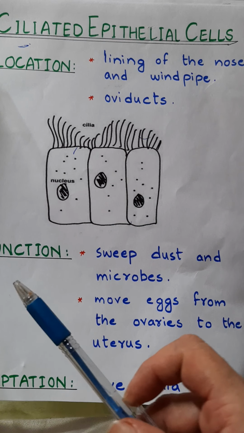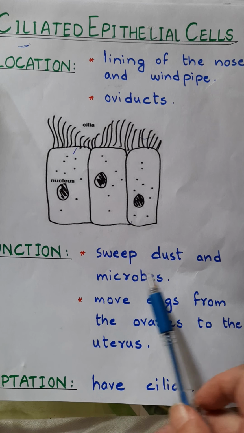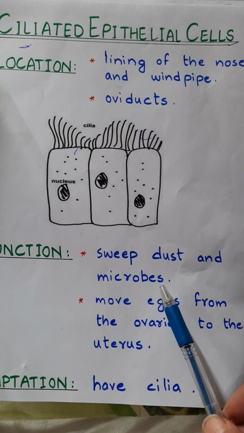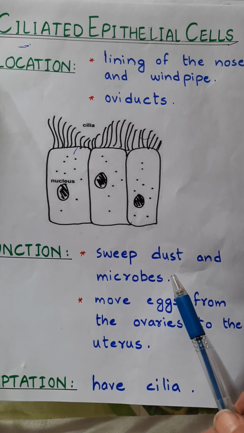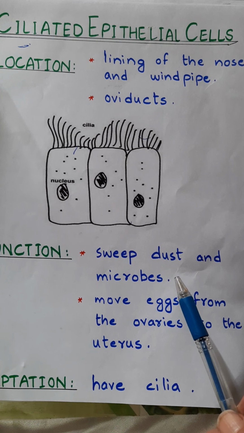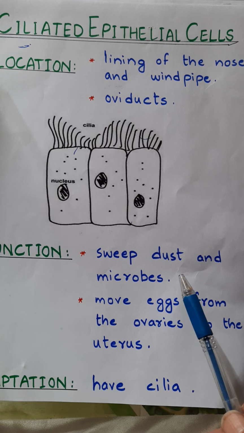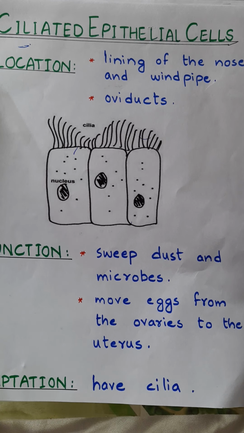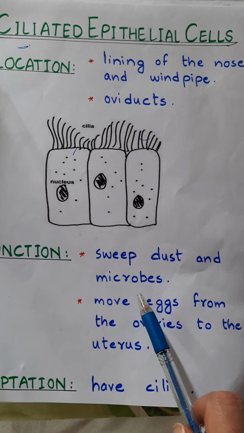Now, what is the function of the ciliated epithelial cells? Number one, they sweep dust and microbes. In the previous class, you have studied that when the air enters your nose, it is full of dirt, it is full of germs. Microbes means germs. So in the nose and even in the trachea or the windpipe, you have mucus, and also due to the presence of these ciliated epithelial cells, it is possible to sweep away the dust and the microbes.